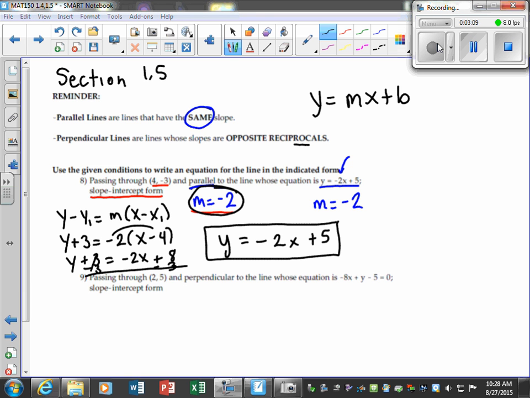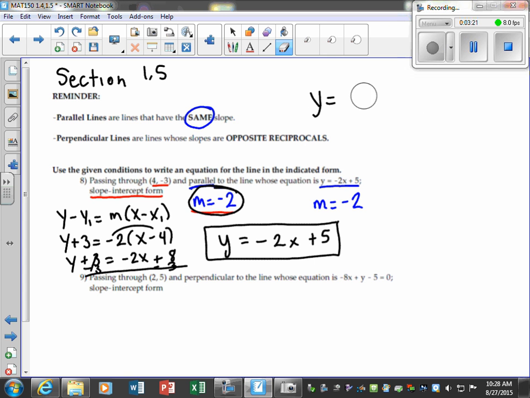Okay, by default, what do you notice about this by chance? It ended up being the same as the equation I had given, which is not usually what we do when we're working out these problems, but I'd like to use it as an example. What does that mean? What can that tell us?